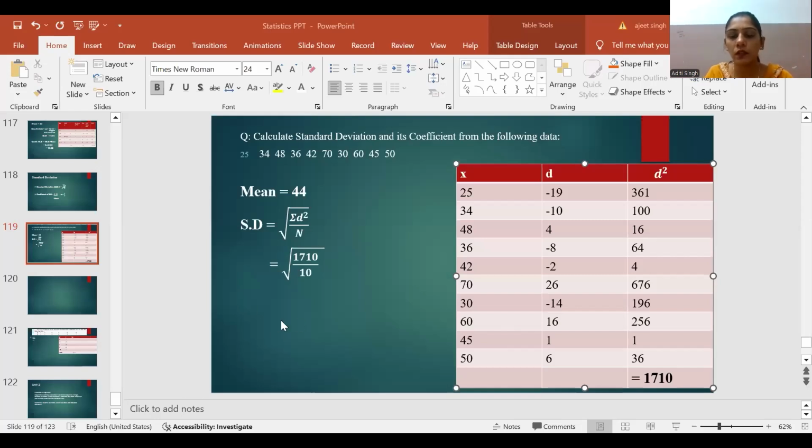So here we have to calculate the standard deviation.